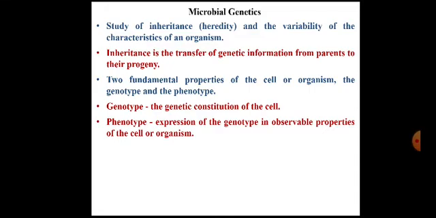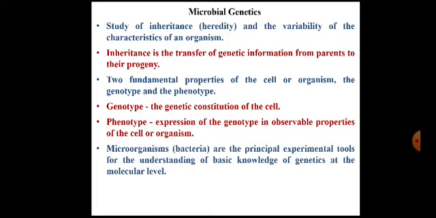Microorganisms like bacteria are very useful as the principal experimental tool to understand the basic knowledge of genetics at the molecular level. That is because bacteria are very easy to handle and very easy to study.